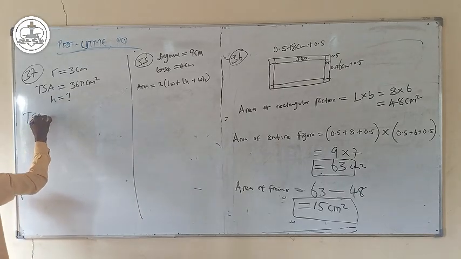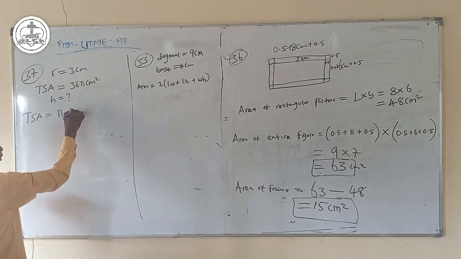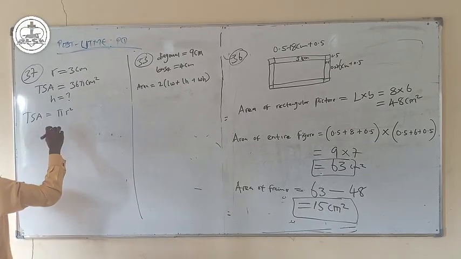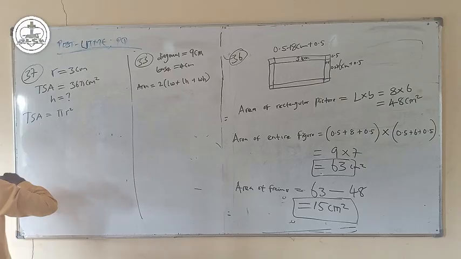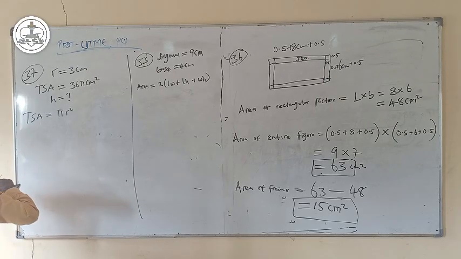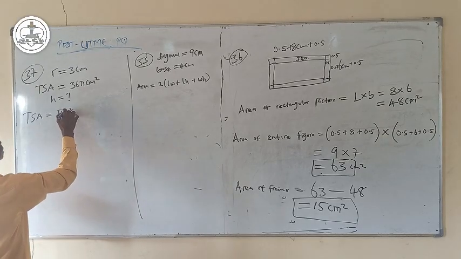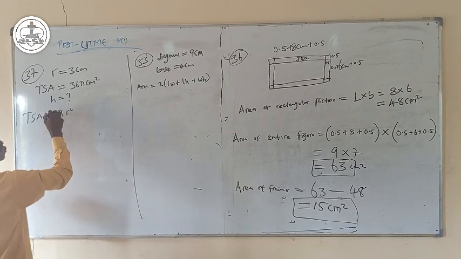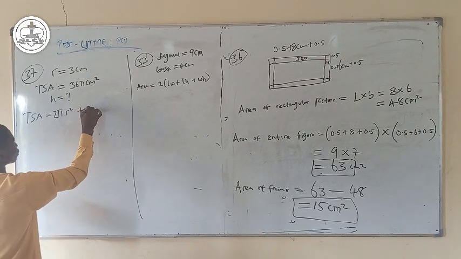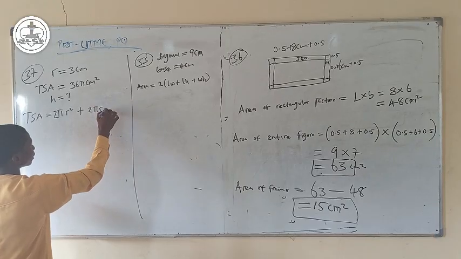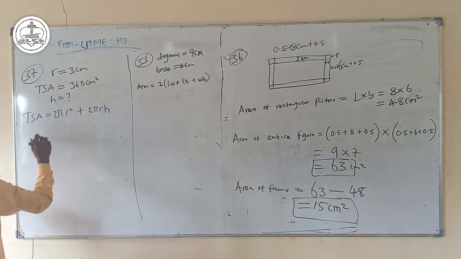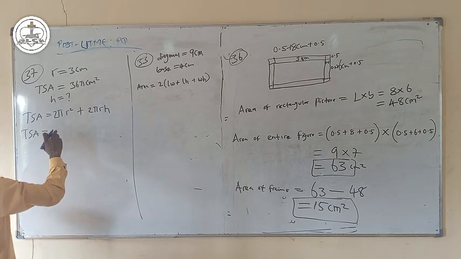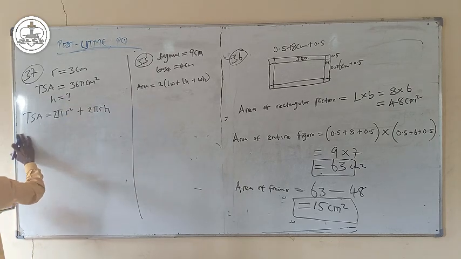The total surface area of a cylinder, we have written this before. For a cylinder, the total surface area is 2 pi r squared plus 2 pi r h. They have already given us the total surface area value.